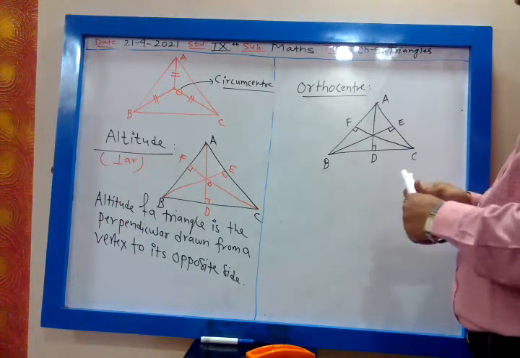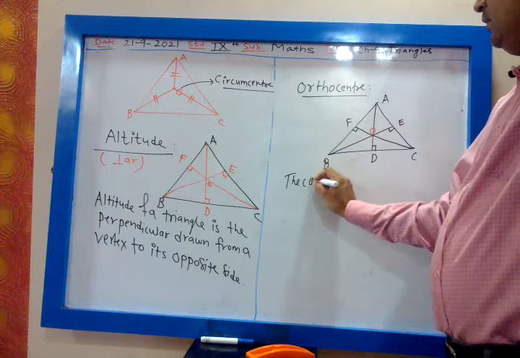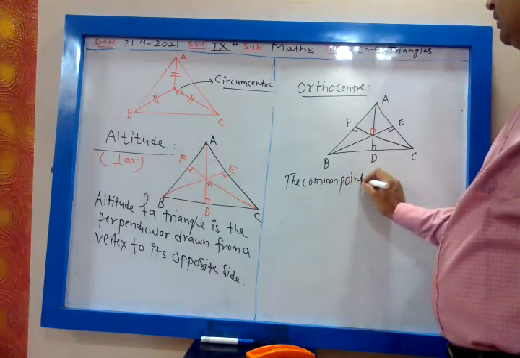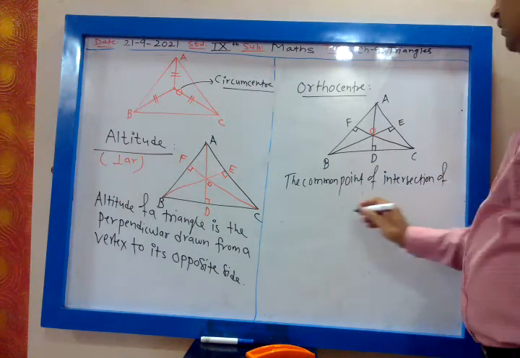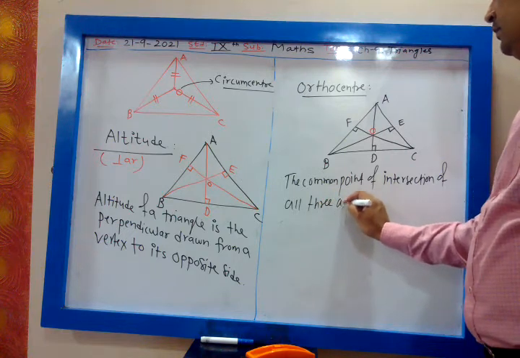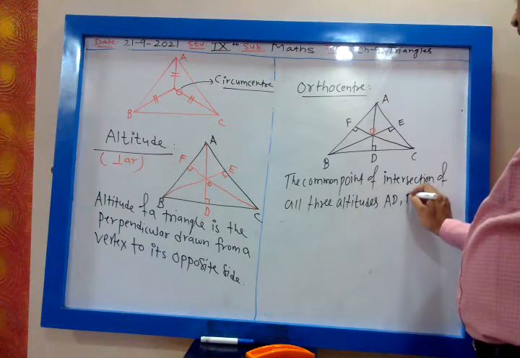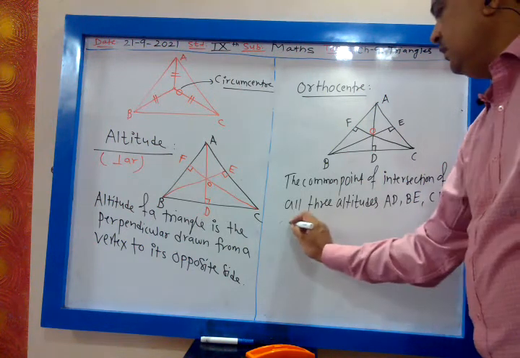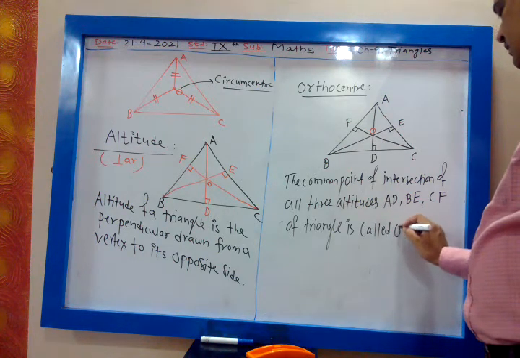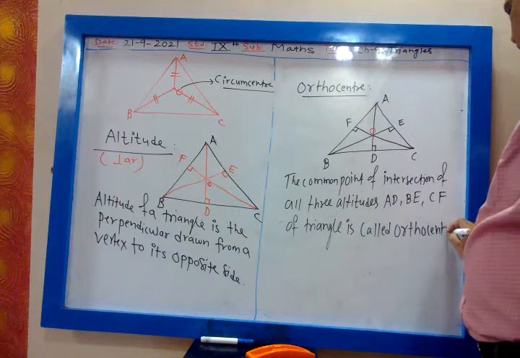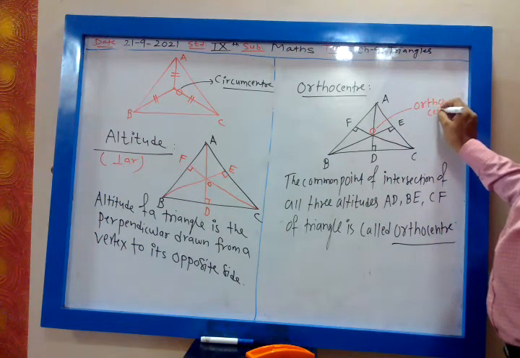Now all the three altitudes meet each other at O. So write this: the common point of intersection of all three altitudes, AD, BE and CF, of the triangle is called the orthocenter. So O is called the orthocenter.